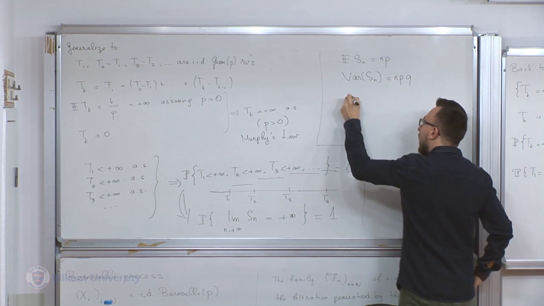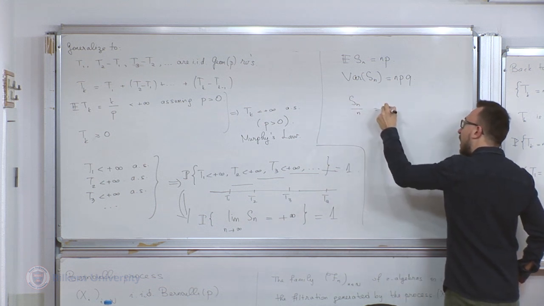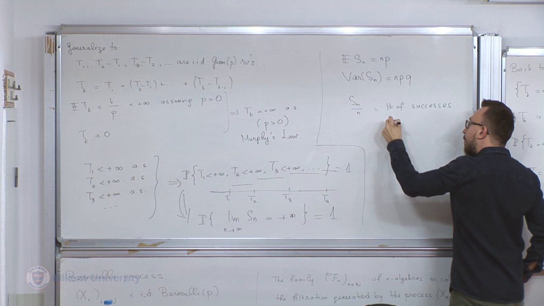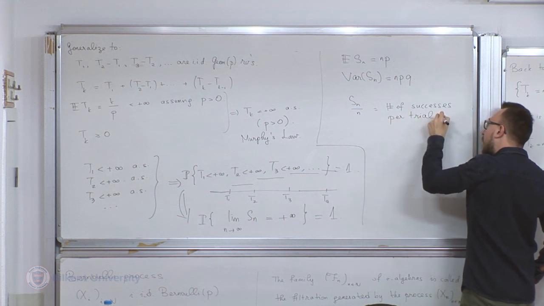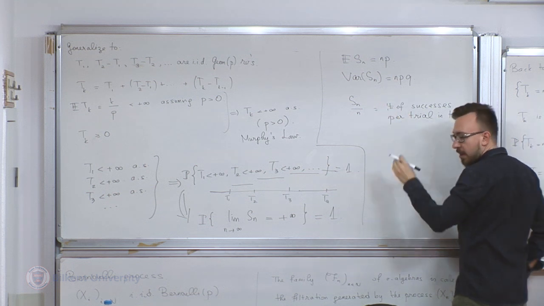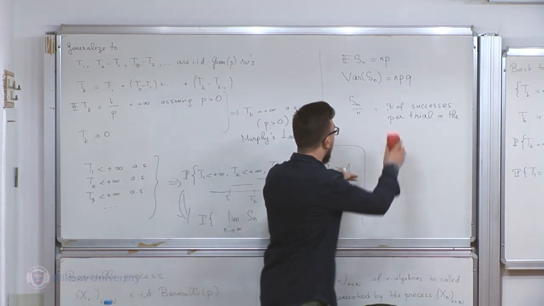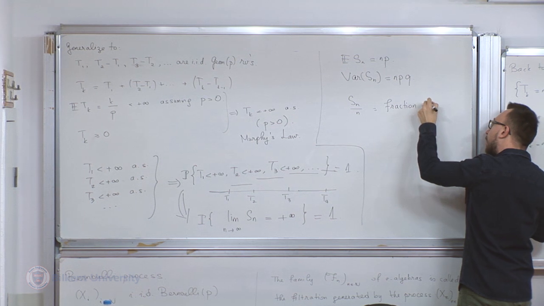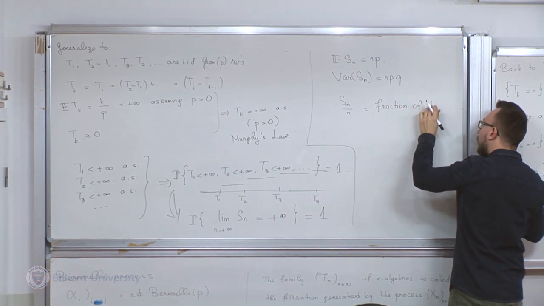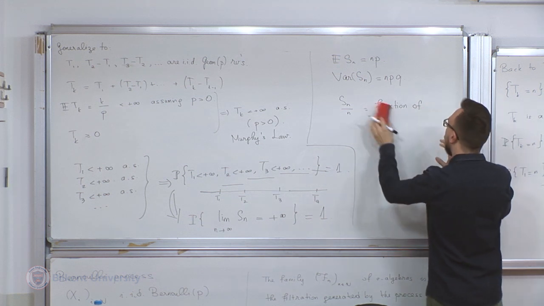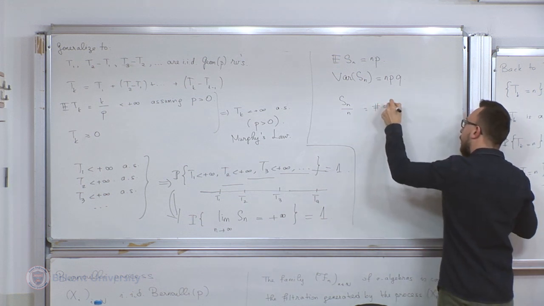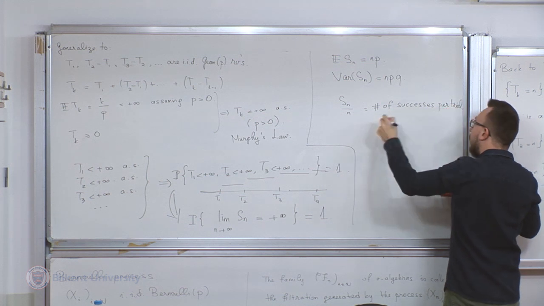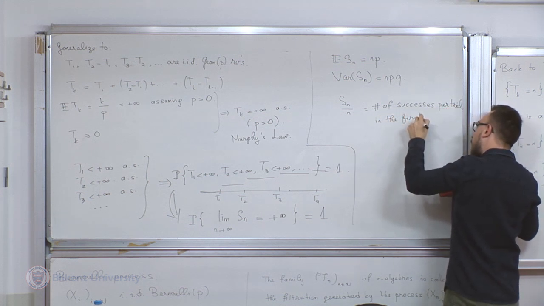So if you look at the number of successes per trial, or let me say, the fraction of successes, it is a ratio in the first n trials.